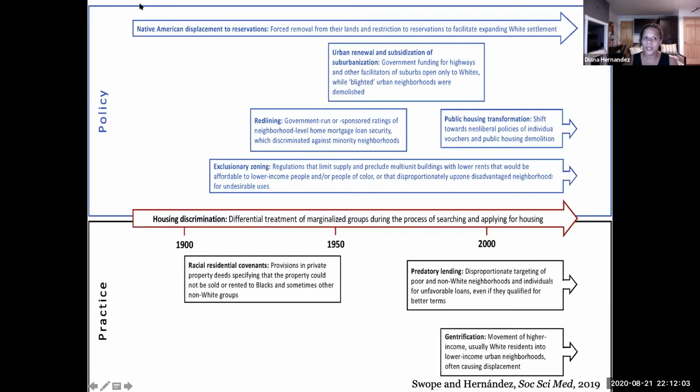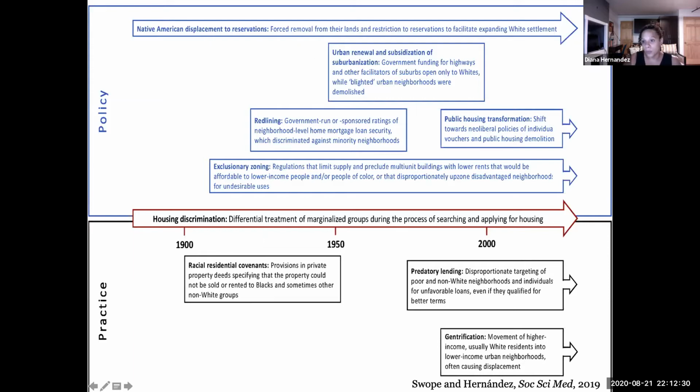I'm sure that you all have been going over the origins of what we understand to be more problematic housing. And just to give it some context, this is really set up as policies and practices. Policies such as the displacement of Native Americans to reservations, right?